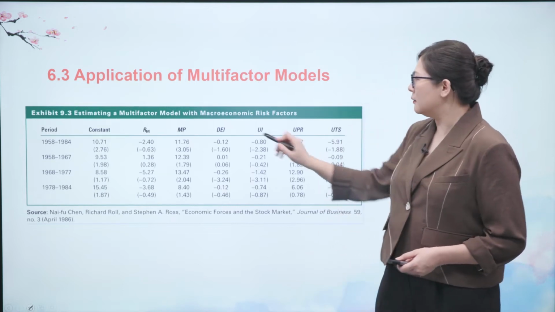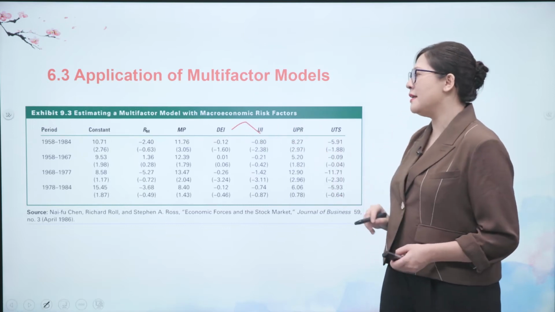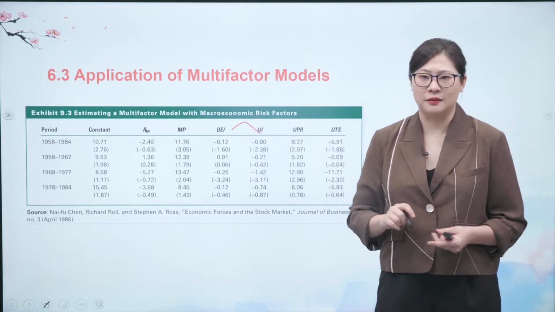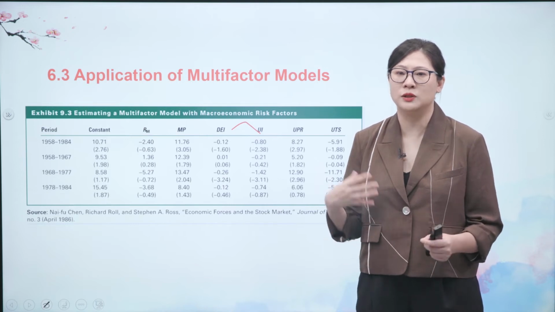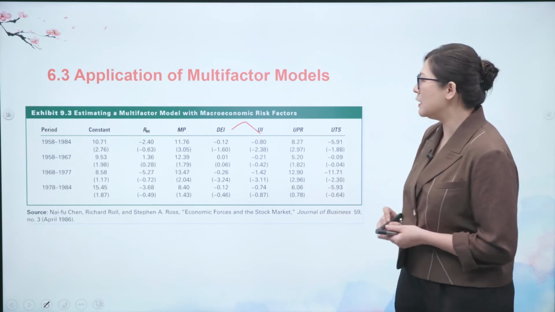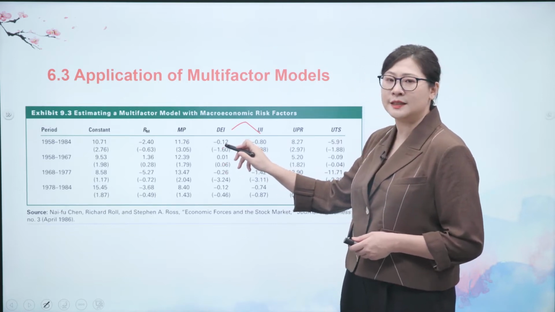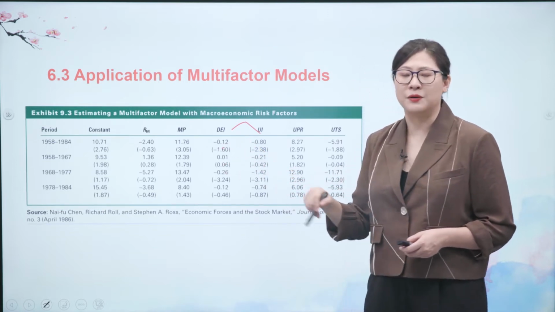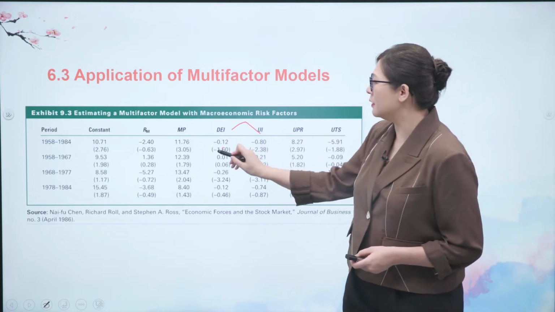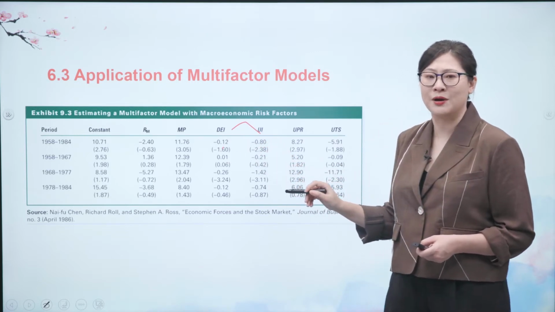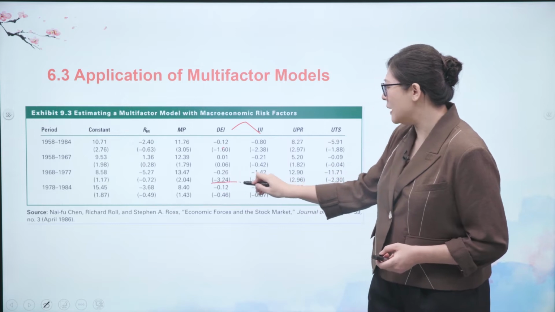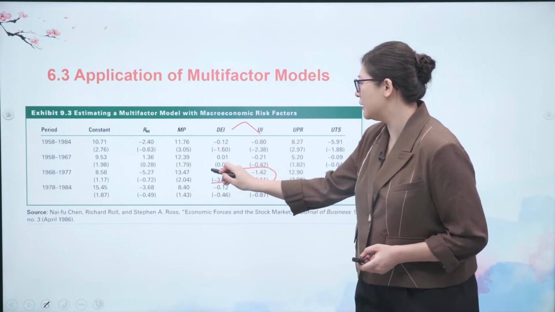First, the result for DEI and UI, which are the two factors denoting inflation. The results here have the t-statistic in the parentheses.